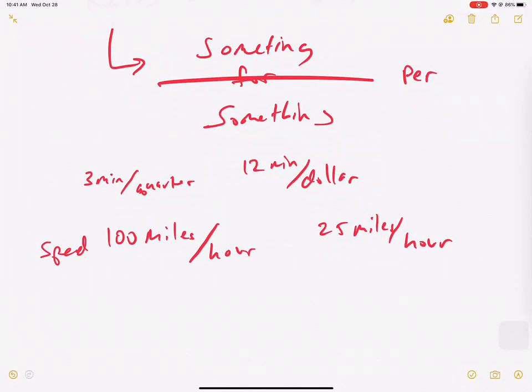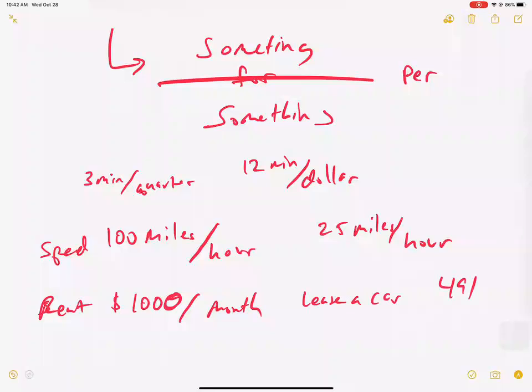Rent is a rate. I have to pay $1,000 per month. How about when you lease a car? I pay $491 per month, and that's money over month.